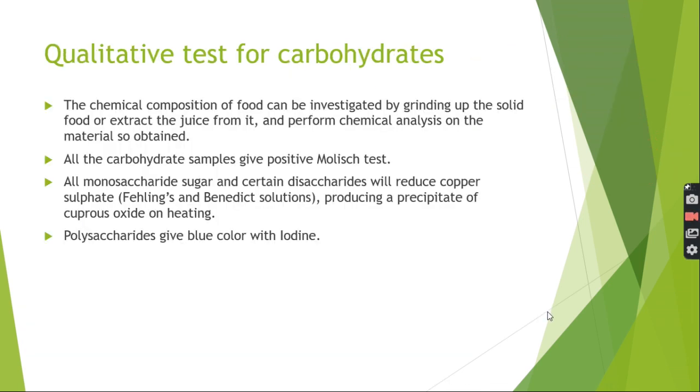Let us now see what all tests we are going to perform for the carbohydrate. Okay, so actually there is a flow chart based on which we can proceed to identify an unknown carbohydrate.